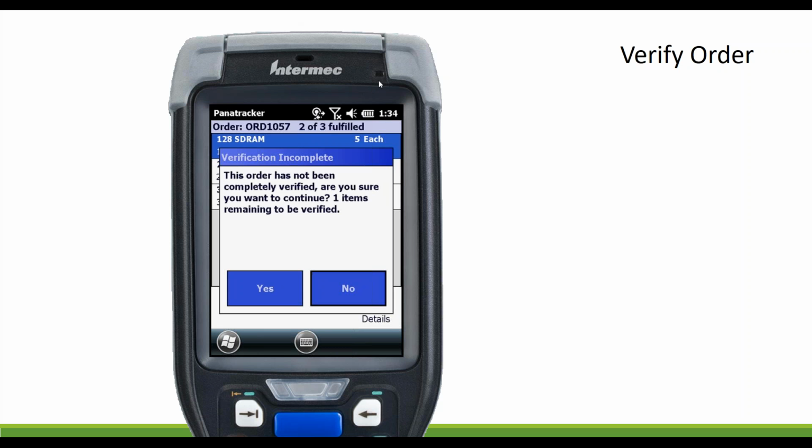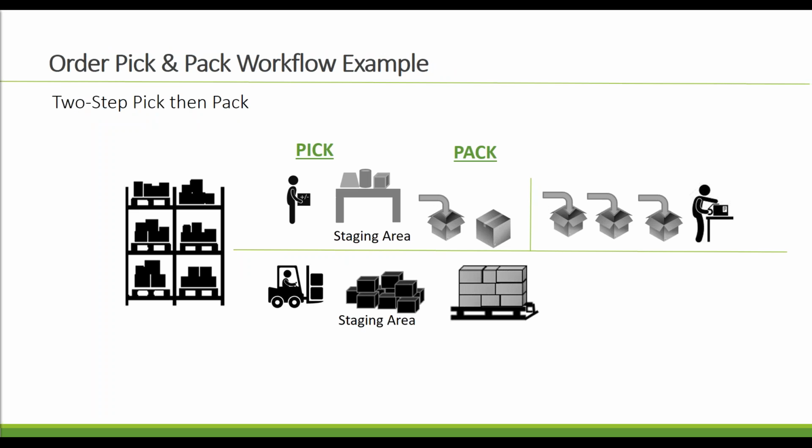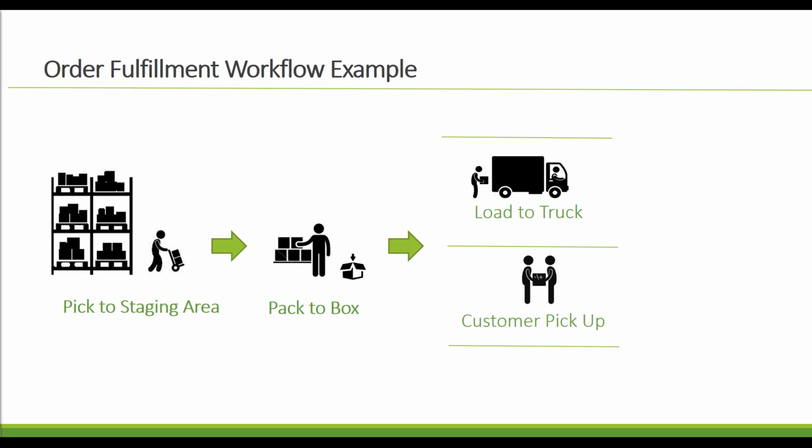So that shipping box feature is available to enable on that first process on the order fulfill screen as well. And again, we have a lot of different workflow options. I won't go through each of these at this point in time, but as you can see, order, pick, and pack, there are a lot of different configurations and ways that we can set this up.